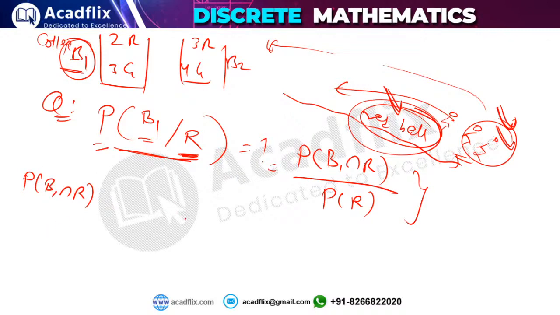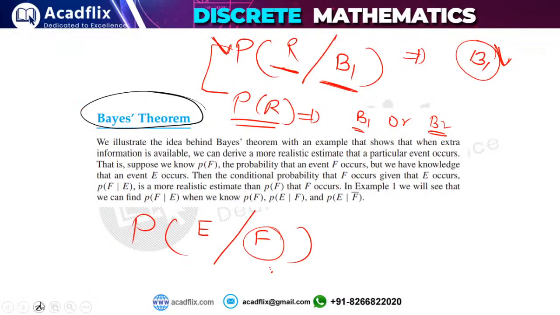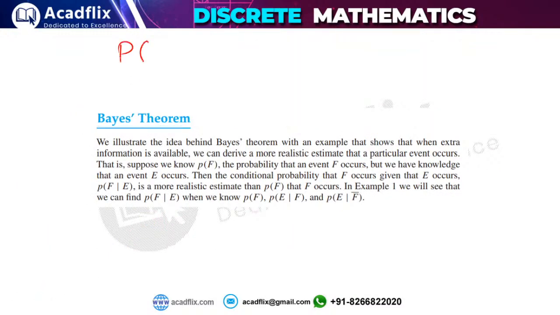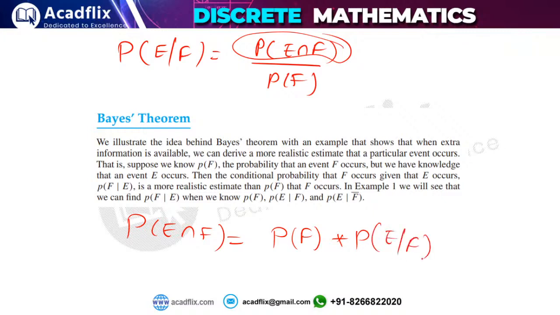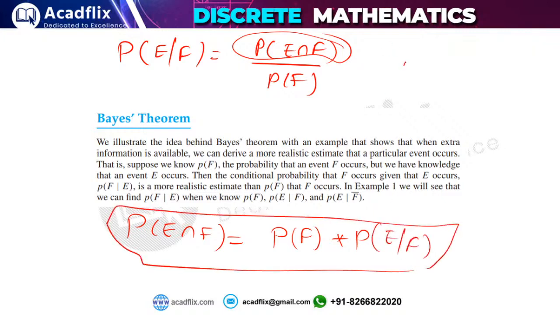Actually, with this conditional probability formula, I told you one thing. Focus here, we have already discussed this. Probability of E given F is nothing but probability of E intersection F divided by probability of F. Now if I want to find E intersection F, then it will be probability of F multiplied by probability of E given F. From the conditional probability formula that we have already seen, we can get this.